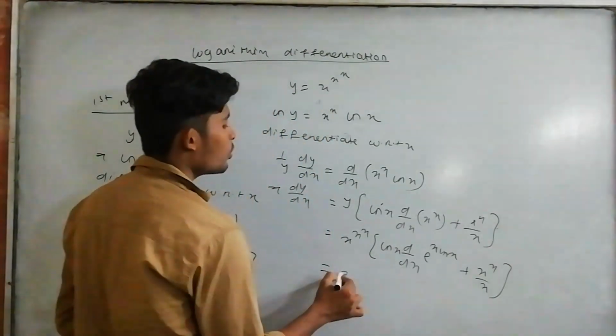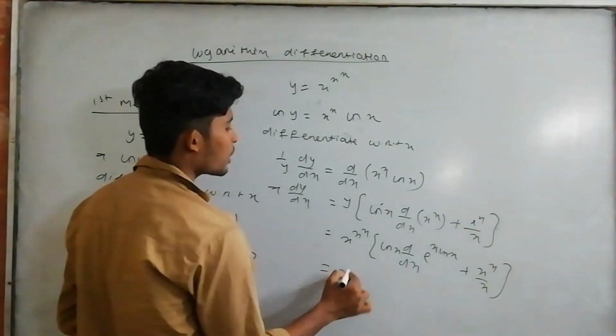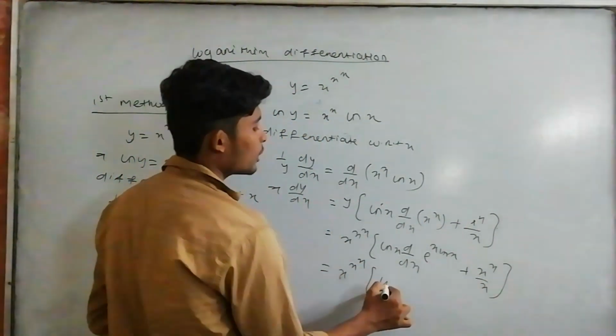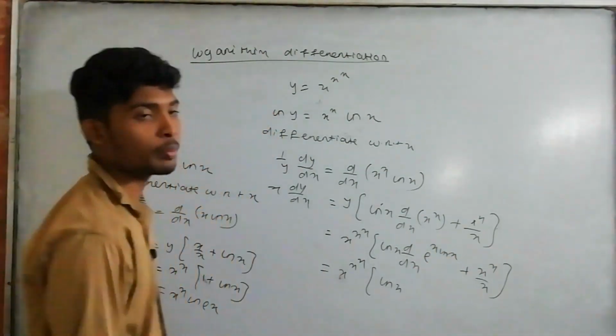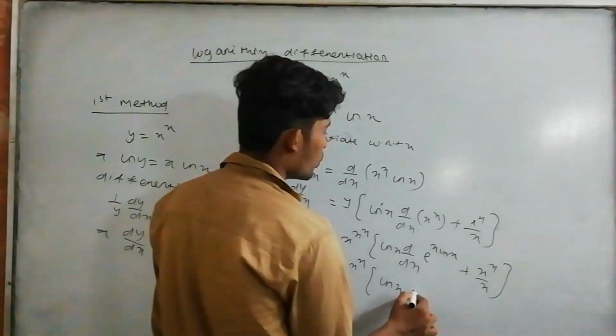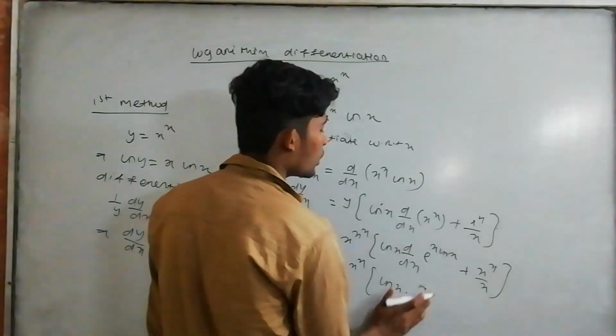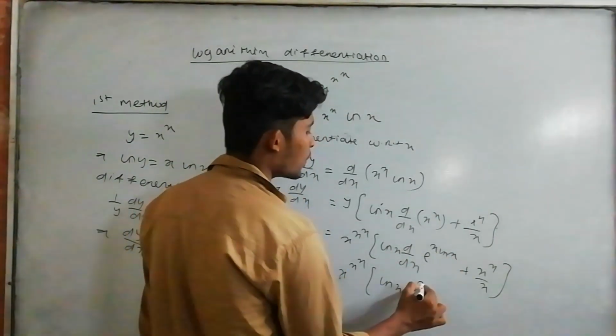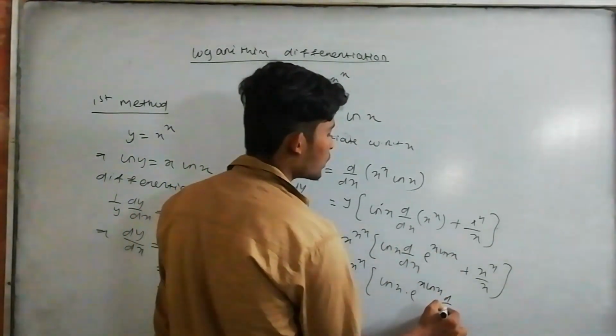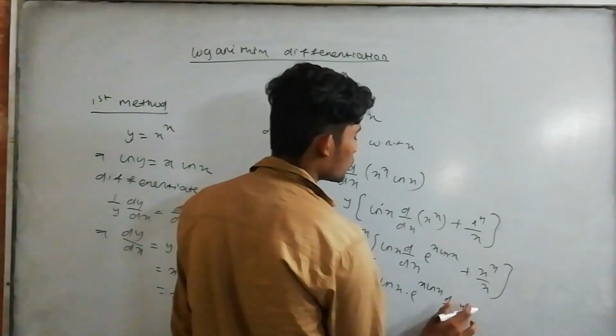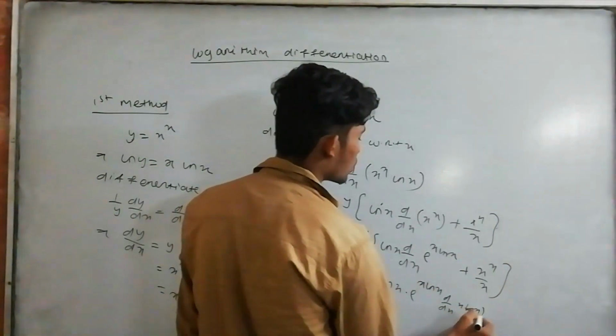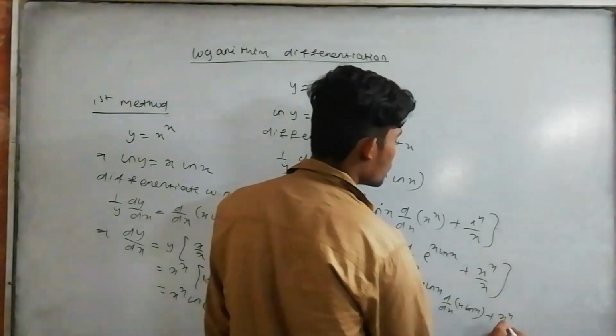So what do you get? e to the power x to the power x and ln x, and you know this derivative: e to the power u derivative is e to the power u, times d by dx of x ln x, ln x plus x to the power x divided by x.